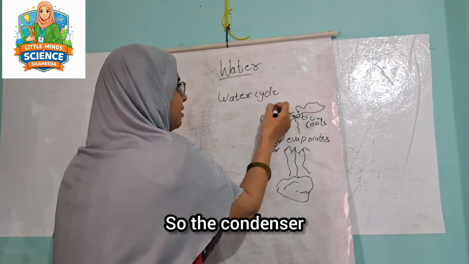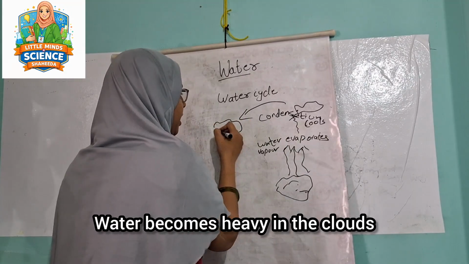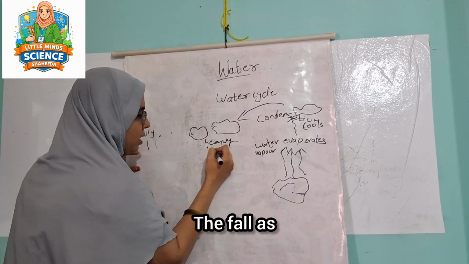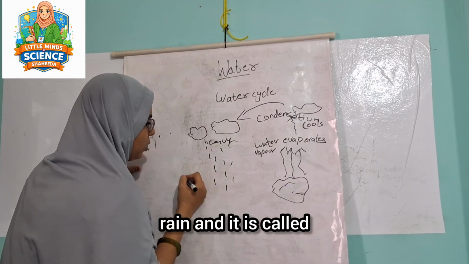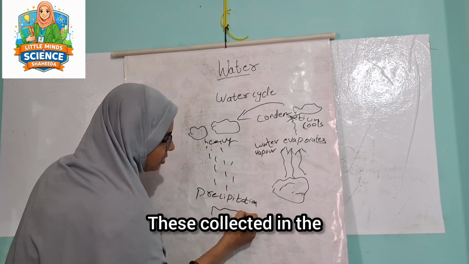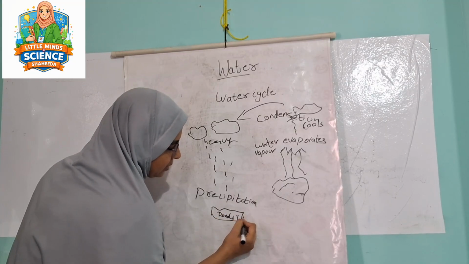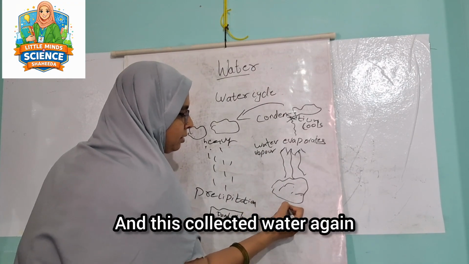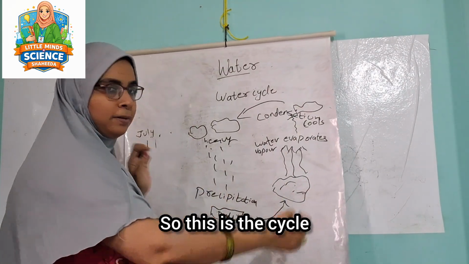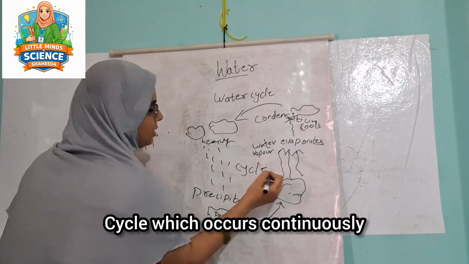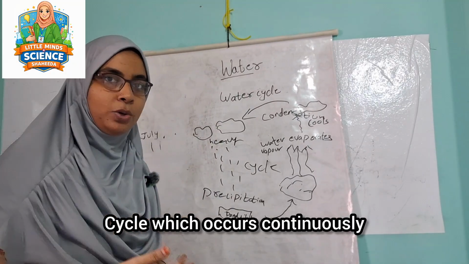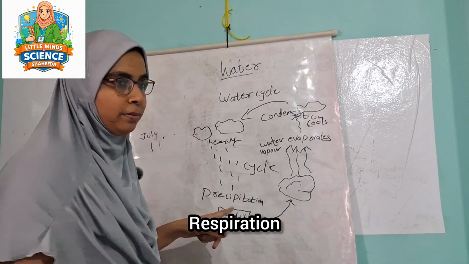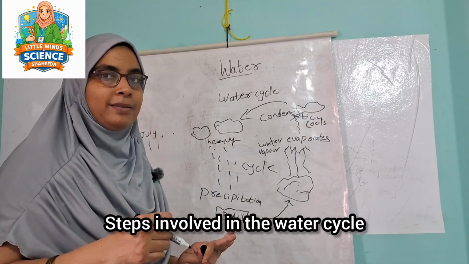The condensed water becomes heavy in the clouds and falls as rain, and it is called precipitation. It is collected in the ponds, lakes, etc. And this collected water again evaporates. So this is the cycle. It occurs continuously. Evaporation, condensation, precipitation are the steps involved in the water cycle.